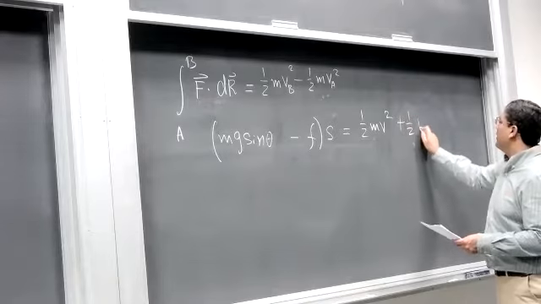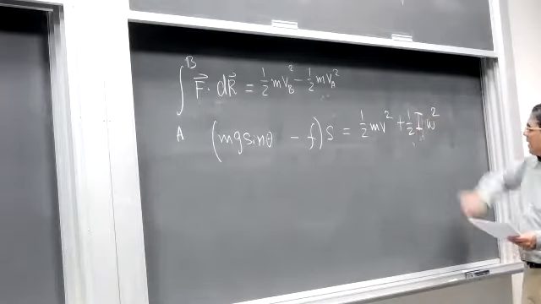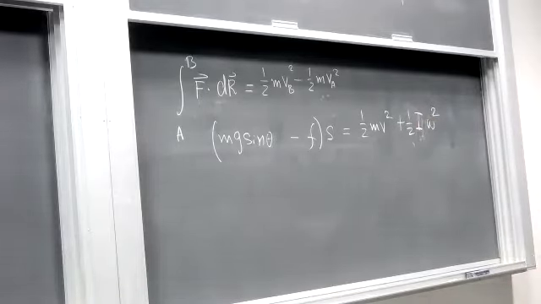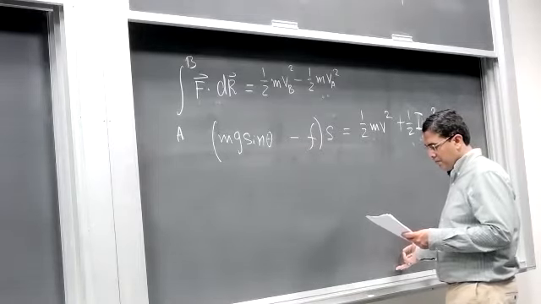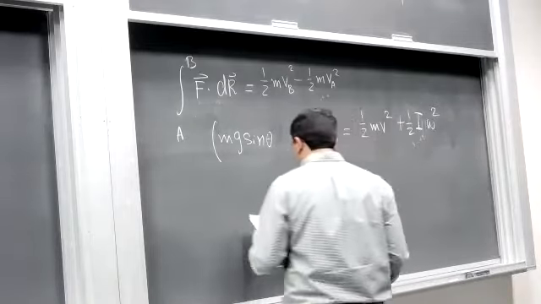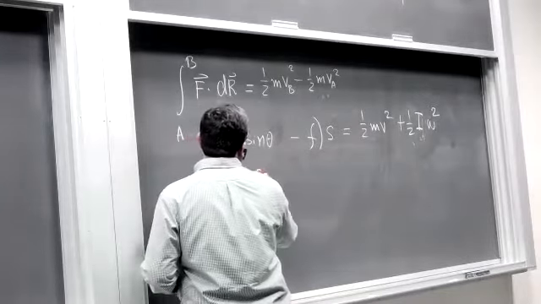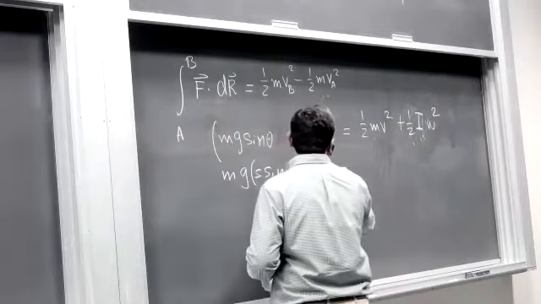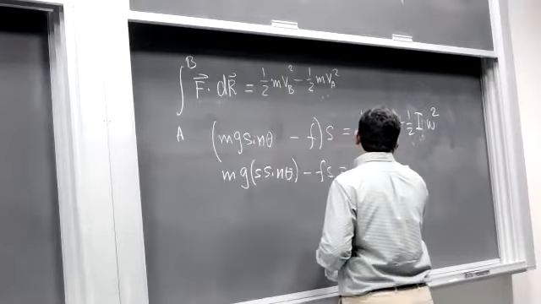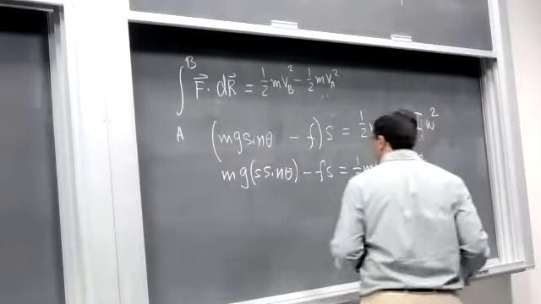That's a different equation. Half I omega square. Now if we rewrite this, mg s sin theta minus f s equals half m v squared plus half I omega squared, right?